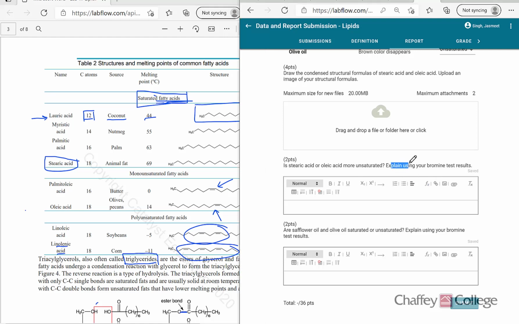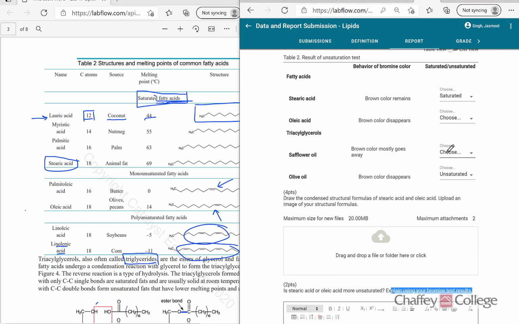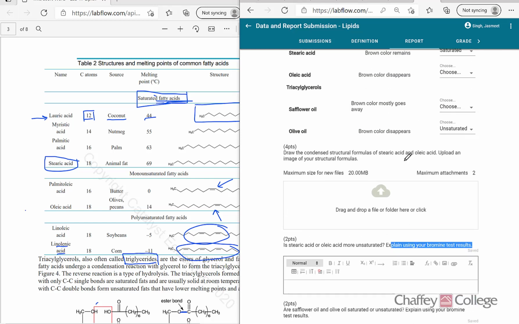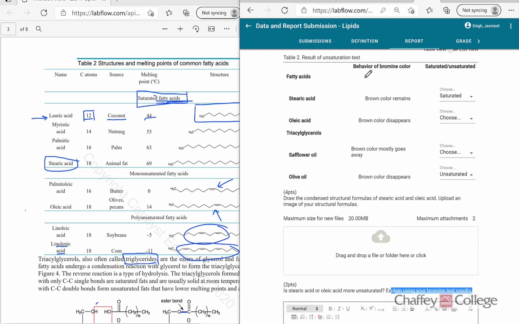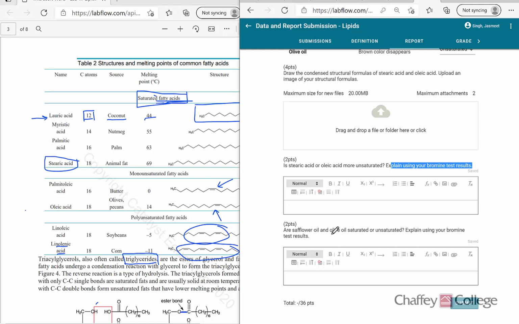Also explain using the bromine test results, which are given here. And finally, you have to compare the unsaturation of safflower oil and olive oil. Again, use the results of the bromine reaction to explain which is more unsaturated.